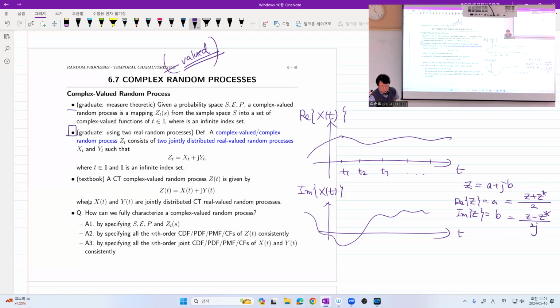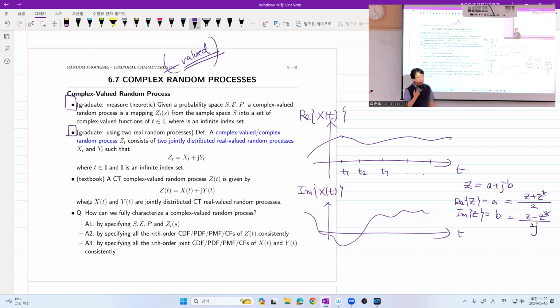Of course, we may have a measure theoretic definition like this. Given an underlying probability space that is fully characterized by the sample space, event space, and probability measure, we have a mapping rule that maps each outcome S into what? Into a complex valued sample path. So you have an ensemble of complex valued continuous time or discrete time signals.